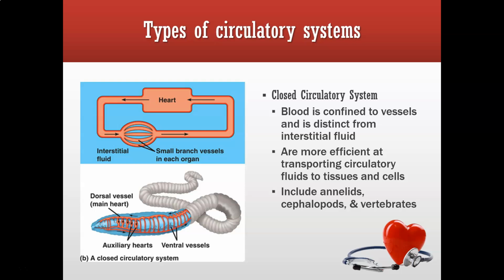Okay, so closed systems include things like your annelids, okay, so things like earthworms, cephalopods, so squids and octopus, and then vertebrates, us, and probably most animals that come to your mind initially off the top of your head. Okay, so something like our little earthworm here, they have actually got a main heart system here, but it's a handful of chambers that pump, and then they've got vessels that surround the rest of their tissue.